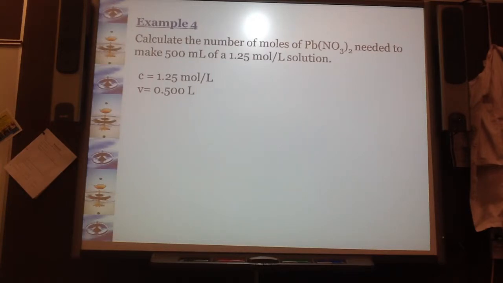So now we just rearrange C equals N over V to solve for N. So N equals C times V. So N is equal to 1.25 moles per liter times 0.5 liters. So we get 0.625 moles.